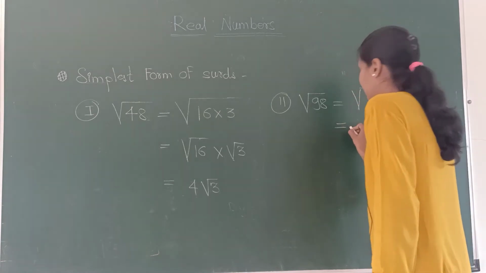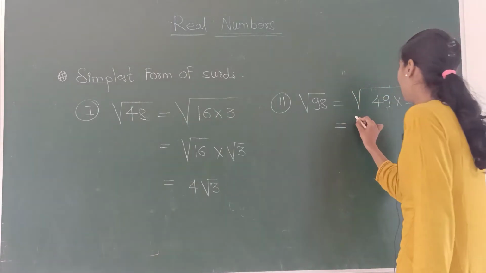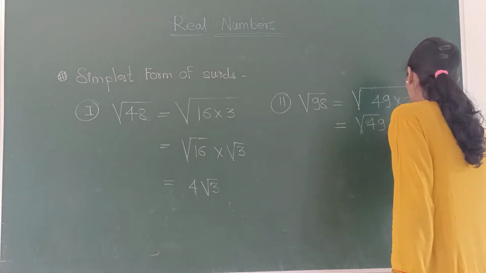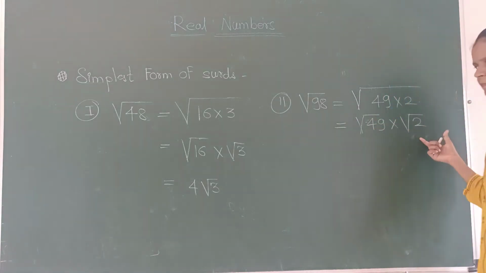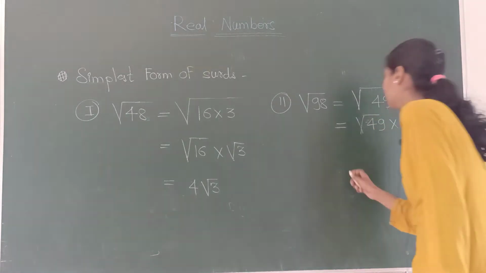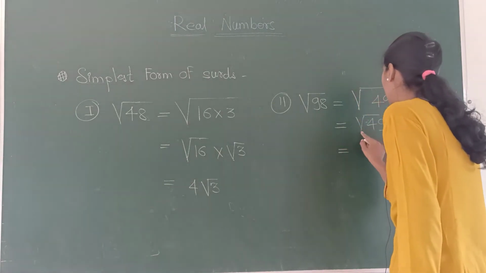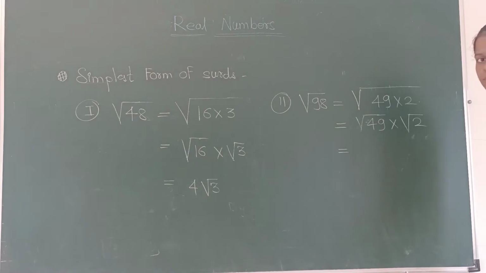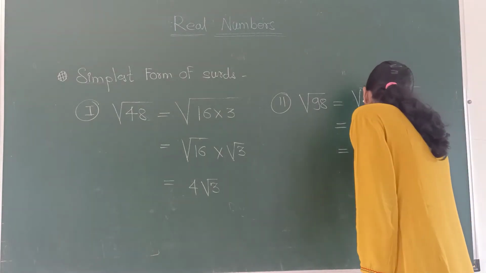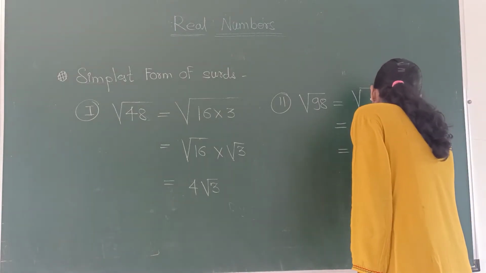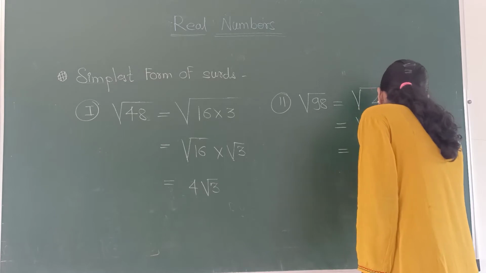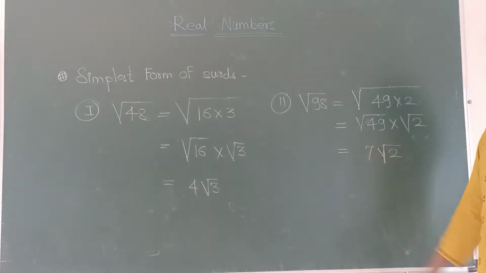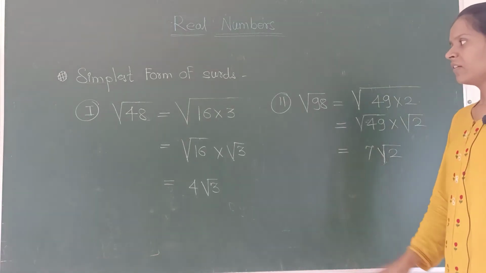Now we can write this as under root of 49 into under root of 2. After that, if we remove the under root sign of 49, it will become 7. So 7 under root of 2 is the simplest form of the given surd under root of 98.